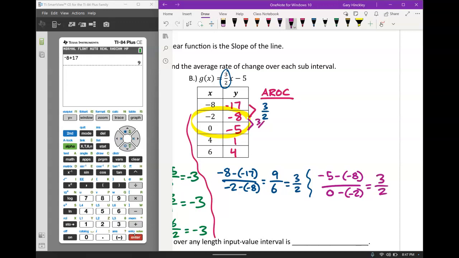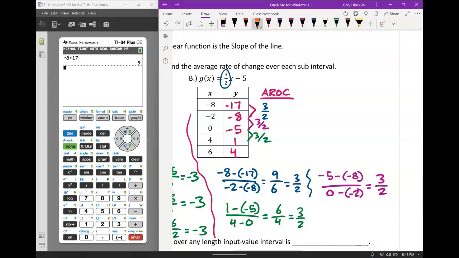So 3 halves again. Let's do the next two. That should be 1 minus negative 5 over 4 minus 0, which gives me 6 over 4, which again reduces to 3 halves. So those two were 3 halves.